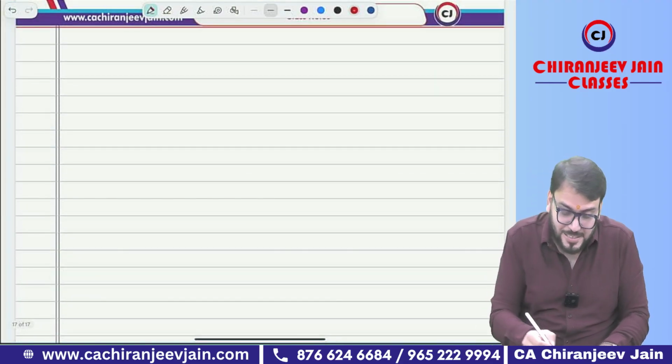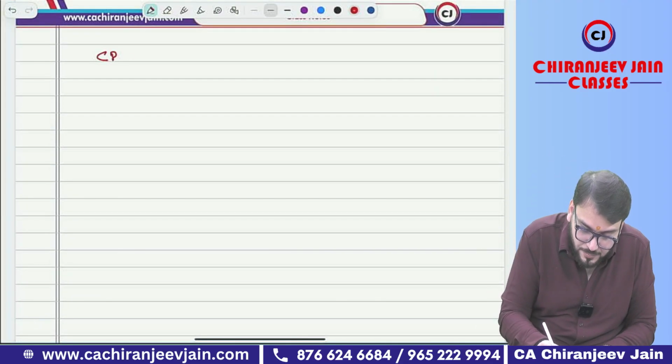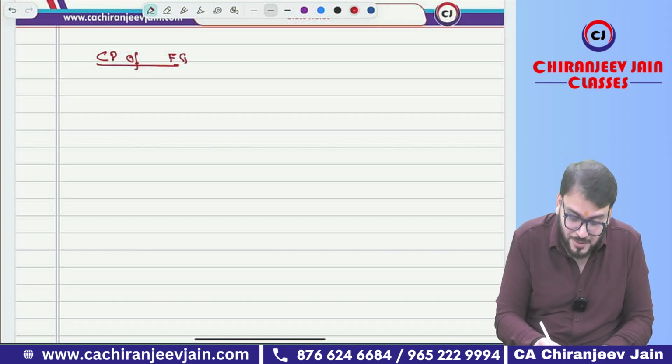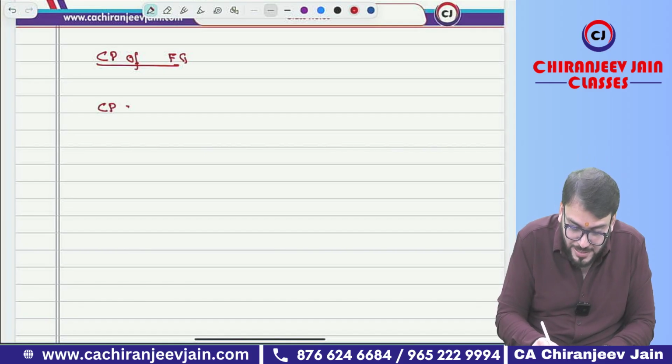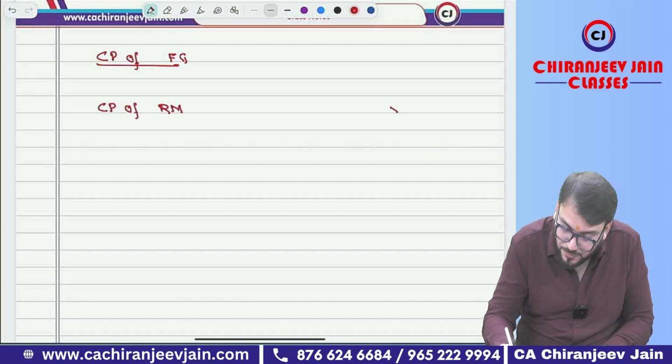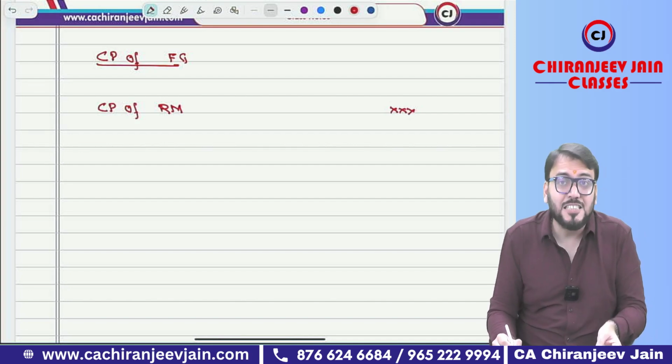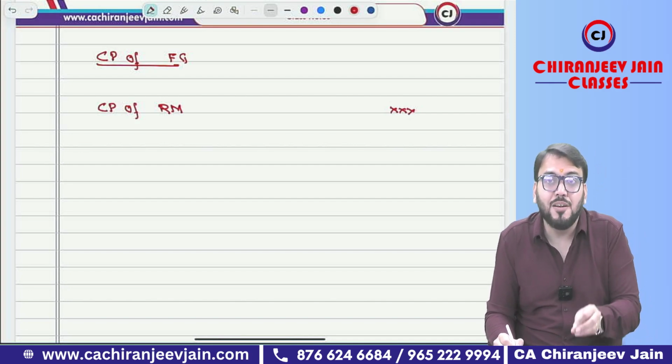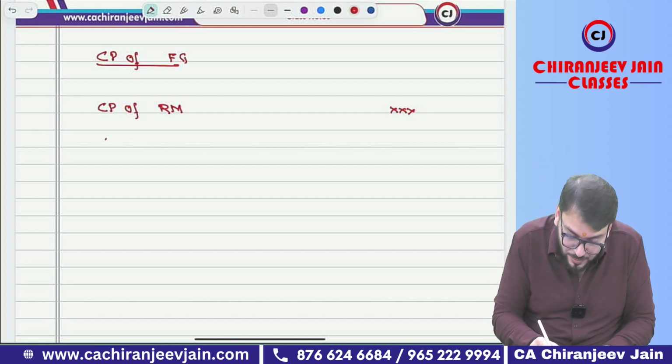Now whenever I say cost price of finished goods, first we need to purchase raw material. So first we need to find out cost price of raw material. Then this will be converted into finished good. Then in this we'll add conversion cost.